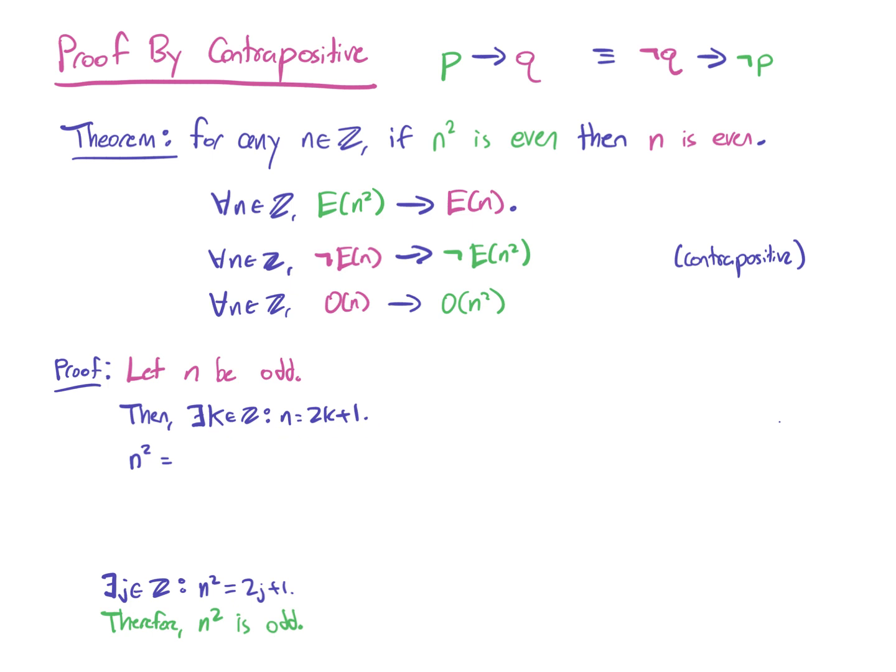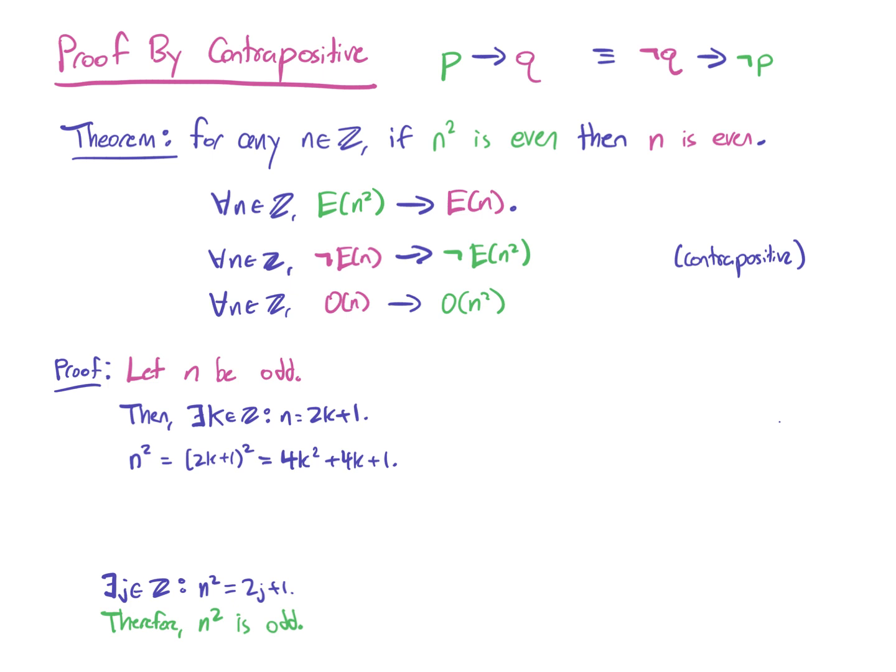So n squared is equal to 2k plus 1 squared, which from algebra class is equal to 4k squared plus 4k plus 1 by the FOIL method, or whatever method they're teaching y'all to square things these days. Okay, so now I have a formula for n squared in terms of k.